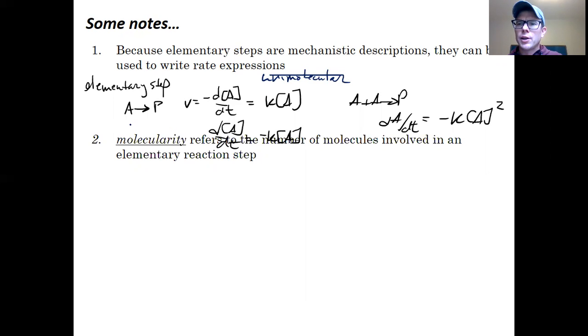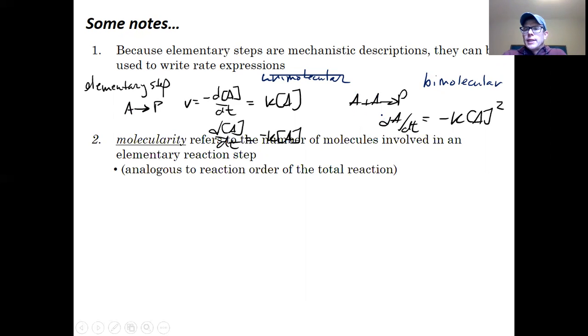There's only one molecule in the elementary step. This is a bimolecular reaction, two molecules involved in it. So this is analogous to reaction order.